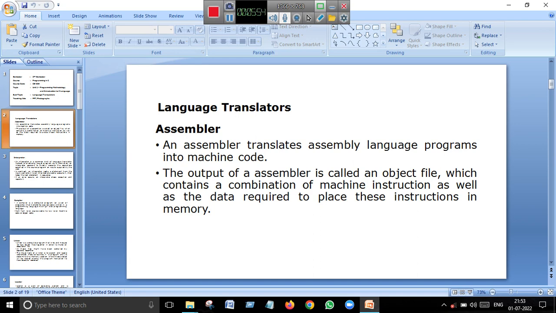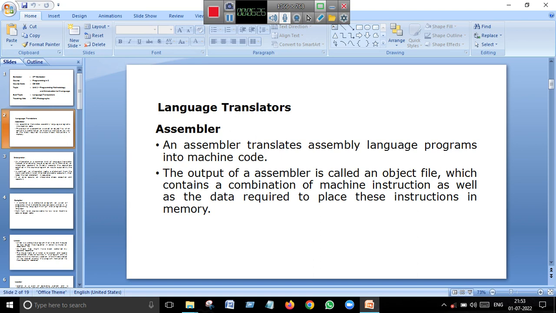In order to avoid that difficulty, the high level languages were introduced. Some of the high level languages are C, C++, Visual Basic, Java, etc.